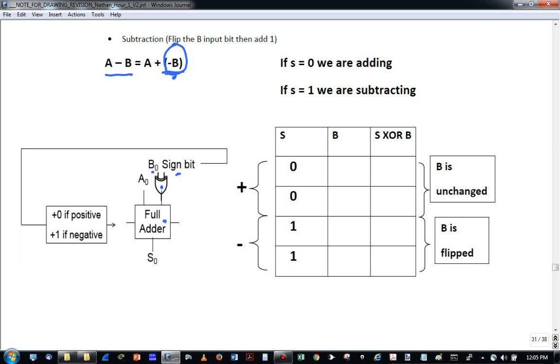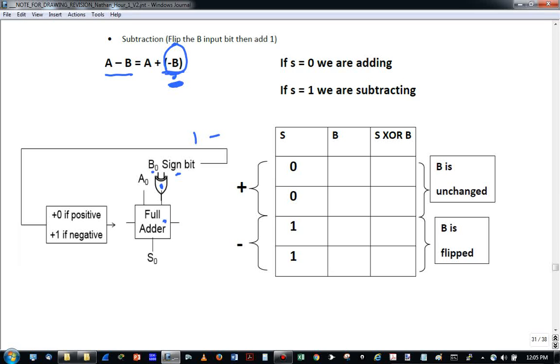And what that should do, based on how this should work, is if the sign bit is a 0, we are doing addition, so B should be unchanged. So A plus B should just work normally. If the sign bit is a 1, then we're doing subtraction, and we need to make this B its negative equivalent. So we need to flip the bits basically. So that's what the XOR gate should achieve.